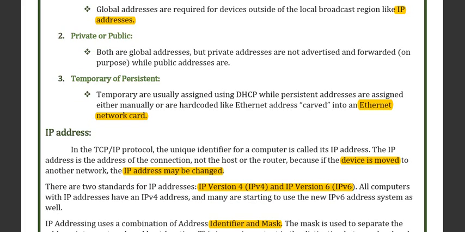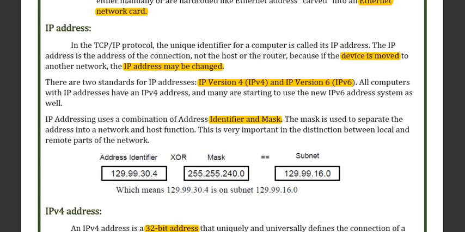Now, temporary addresses. An Ethernet network card can generate temporary addresses. The IP address is based on the TCP/IP protocol, the Transmission Control Protocol and Internet Protocol.